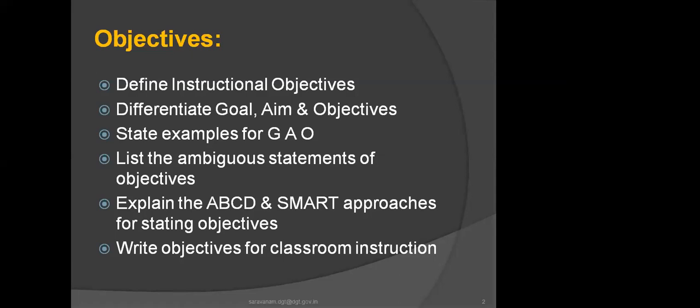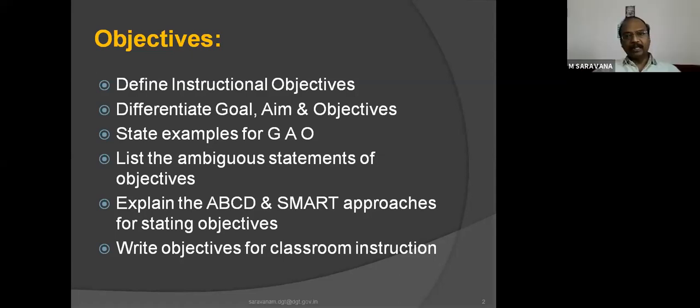See, so many approaches are there, like the SMART approach, and many other educational experts also introduced so many approaches. The most famous and interesting is the SMART approach, which we are following. ABCD is one more approach. A stands for audience, B stands for behavior, C stands for condition, and D stands for degree.